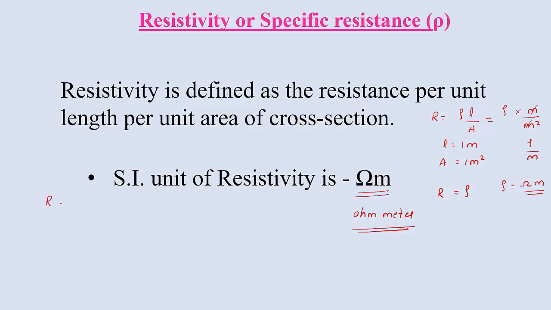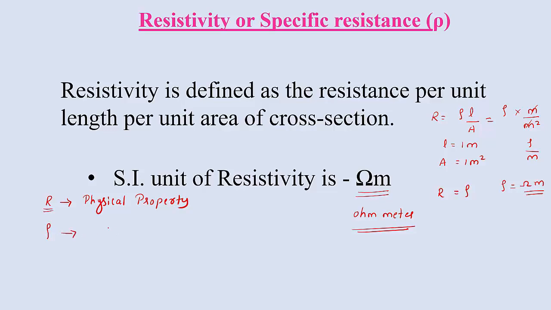Resistance is denoted by R. Resistance is the physical property of a conductor because of which opposition occurs to the flow of current. Resistivity is denoted by the symbol rho.